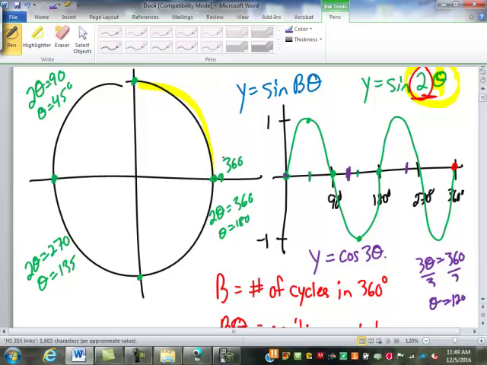Well, for cosine, we start out at positive 1. And we've got to get back here. We're going to end at positive 1. Halfway in between, we'll be at negative 1. That's at 60 degrees. So at 30 degrees, we'll be at 0. And at 90 degrees, we'll be at 0.